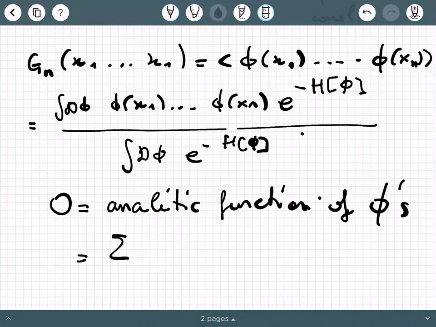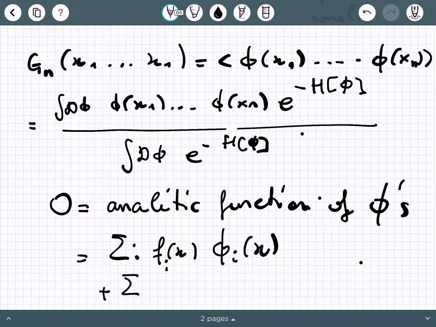I will have a sum with maybe a local term. Then I may have an integral. Then I might have a sum over bilocal terms.